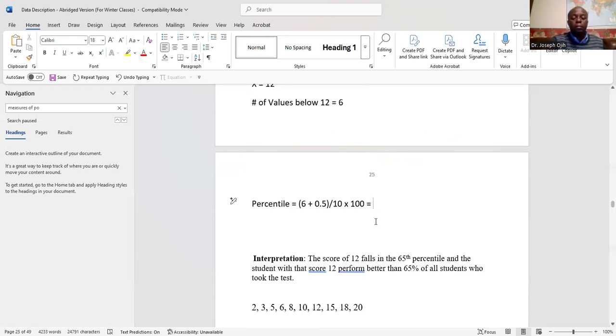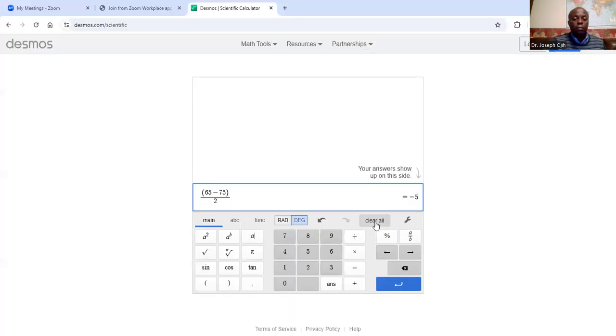So I'm going to take you to the calculator. 6 plus 0.5 divided by 10 times 100. That gives me 65.